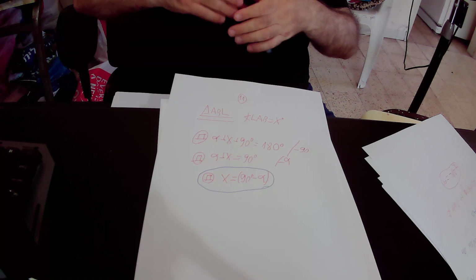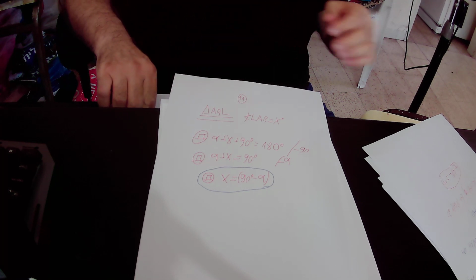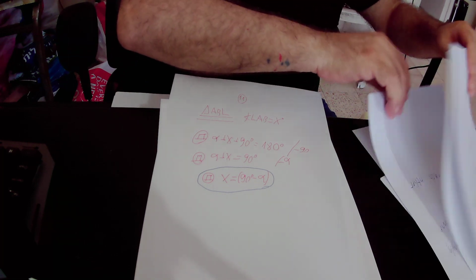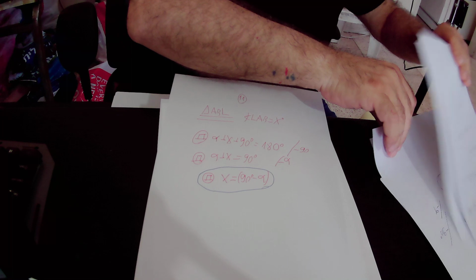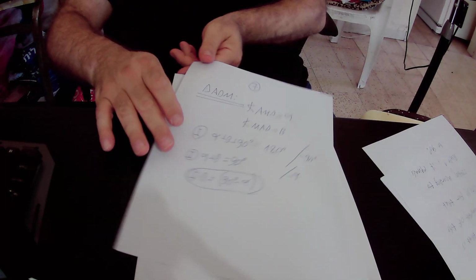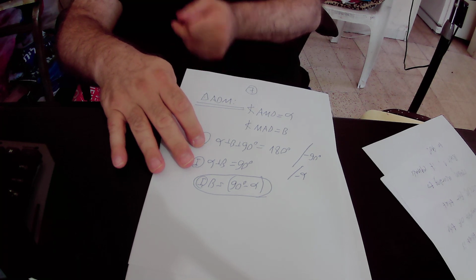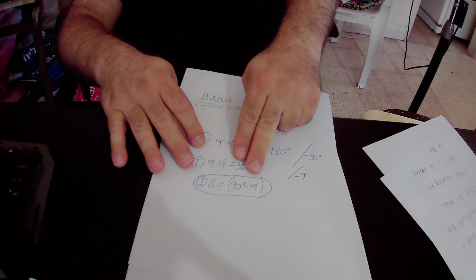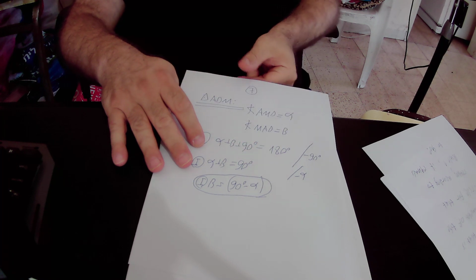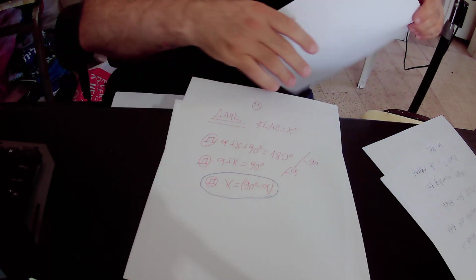But from the first equation, we know that beta also equals 90 degrees minus alpha. So the first equation states that beta also equals 90 degrees minus alpha. So I write it down.